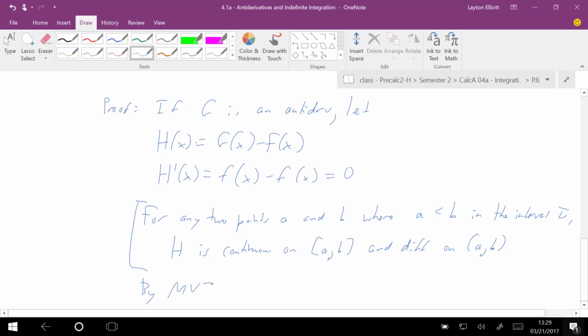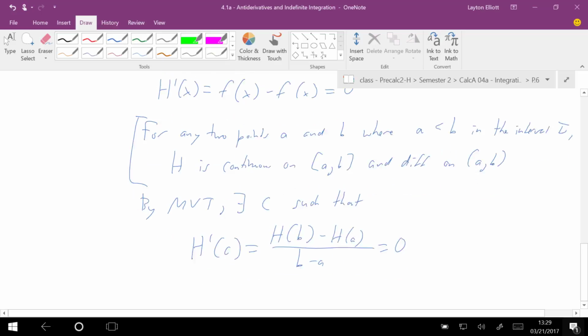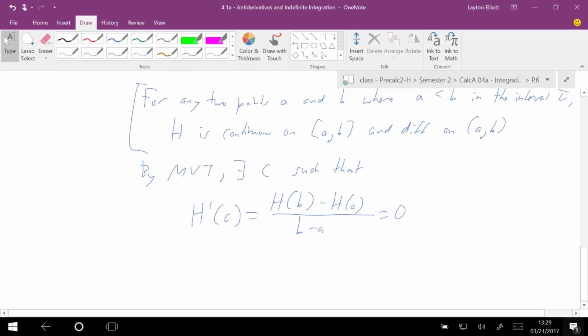By the mean value theorem, there exists a c such that h prime of c is equal to the average rate of change, (h of B minus h of A) over (B minus A), which is equal to 0. And if that's true, then h of B is equal to h of A, because that makes the numerator equal to 0.